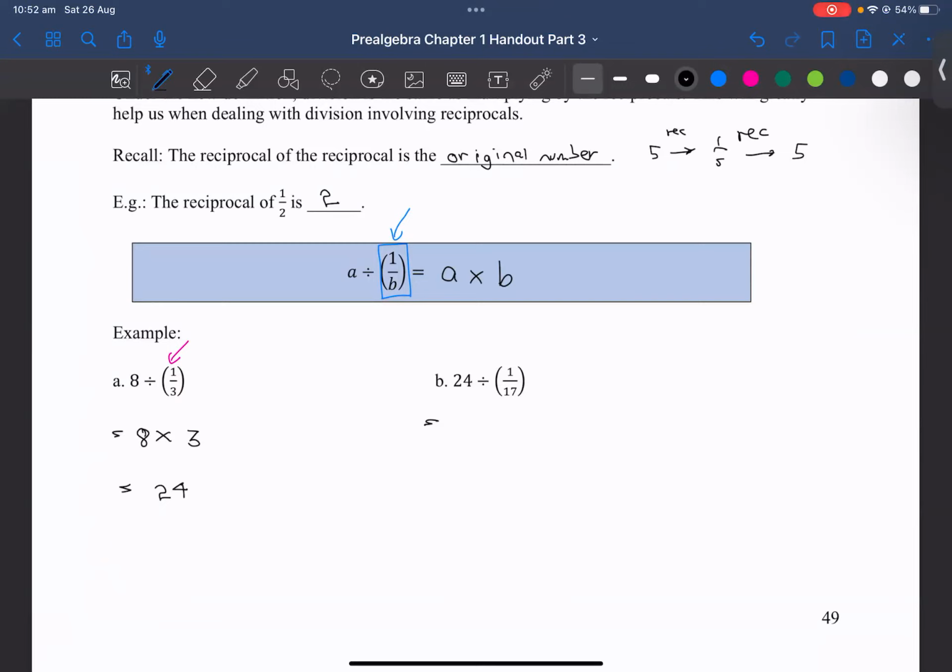So I want you to try this one. You divide by 1 over b, same as 8 times the reciprocal. What's the reciprocal of 1 over b? b. So it's 8 times b. Yeah, that should be right.